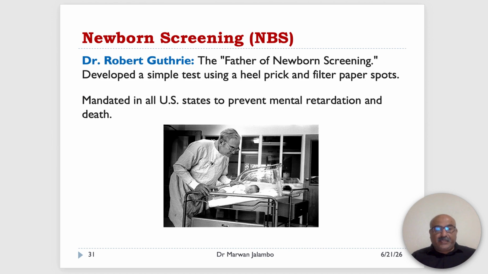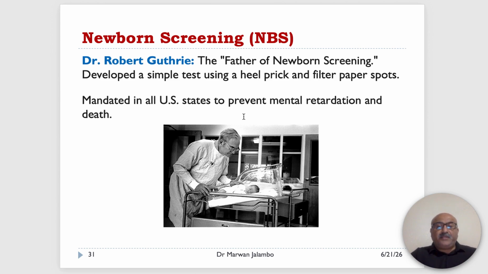If we cannot catch a condition before birth, we must catch it immediately after. This is the realm of newborn screening. Dr. Robert Guthrie is considered the father of newborn screening.